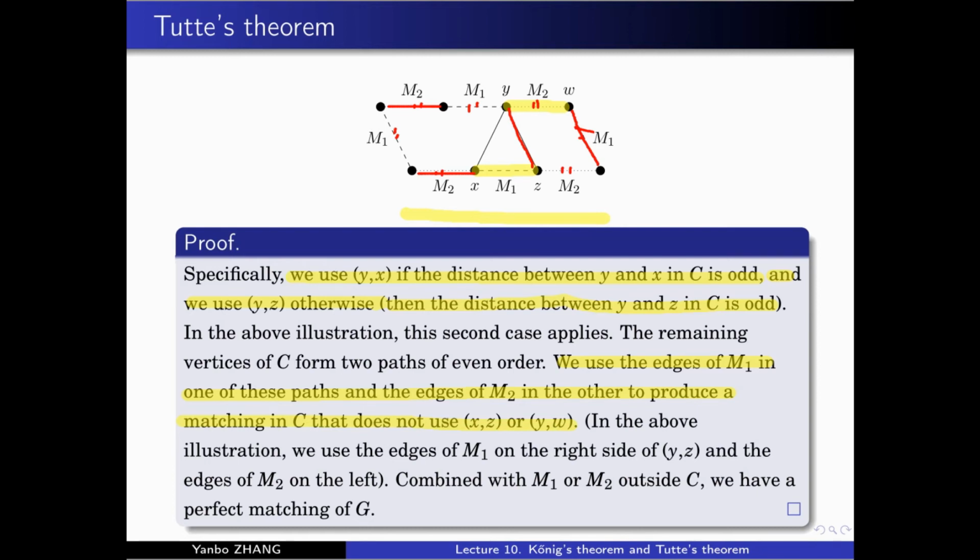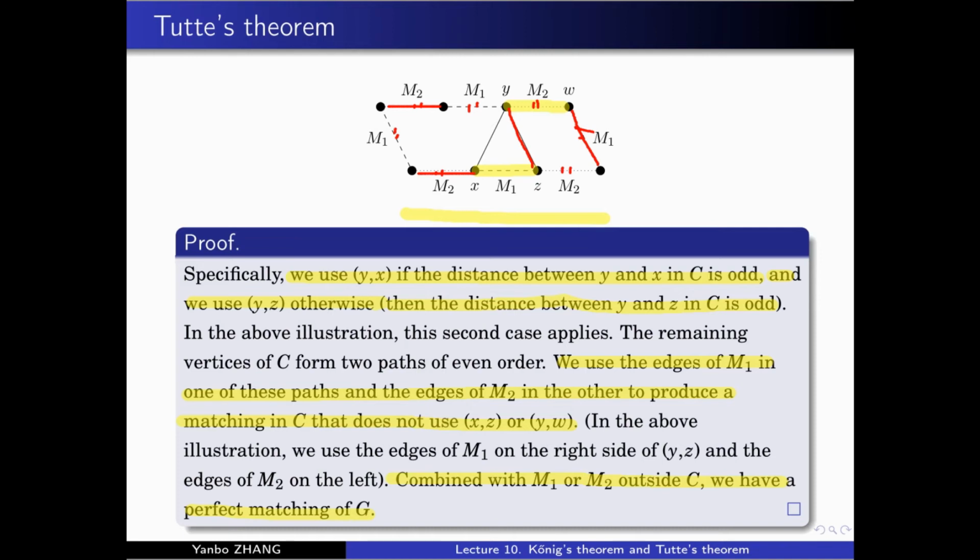That is to say, we can use some edges of M1 and some edges of M2 to form a new matching, avoiding xz and yw. Outside C, every edge of M1 or M2 is in G, so combined with M1 or M2 outside C, we have a perfect matching of G.